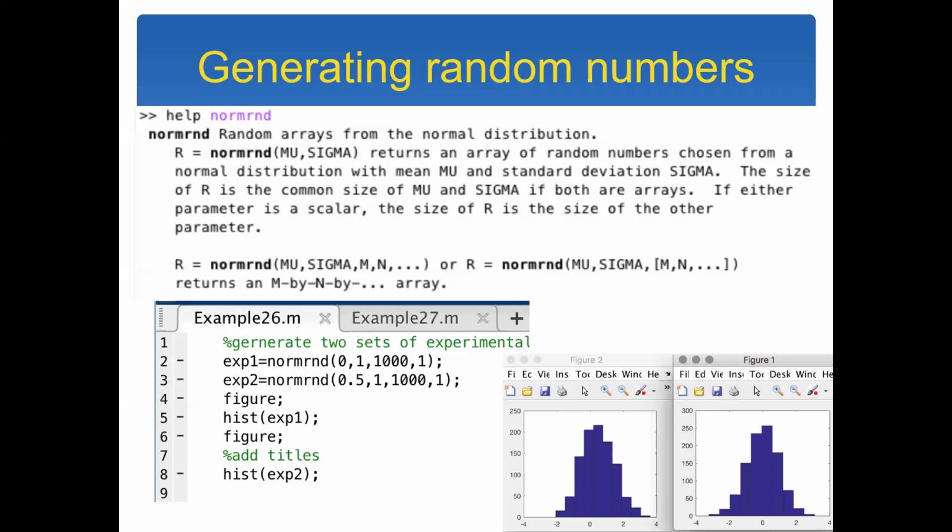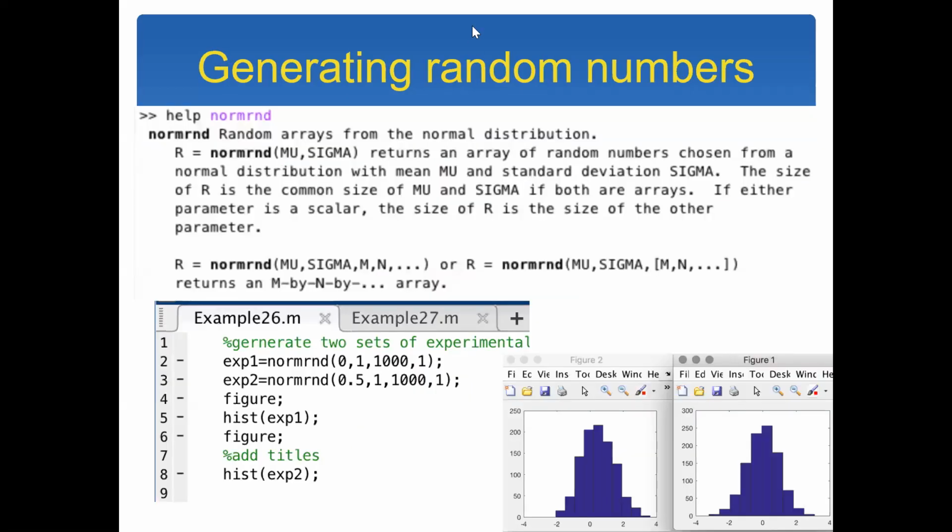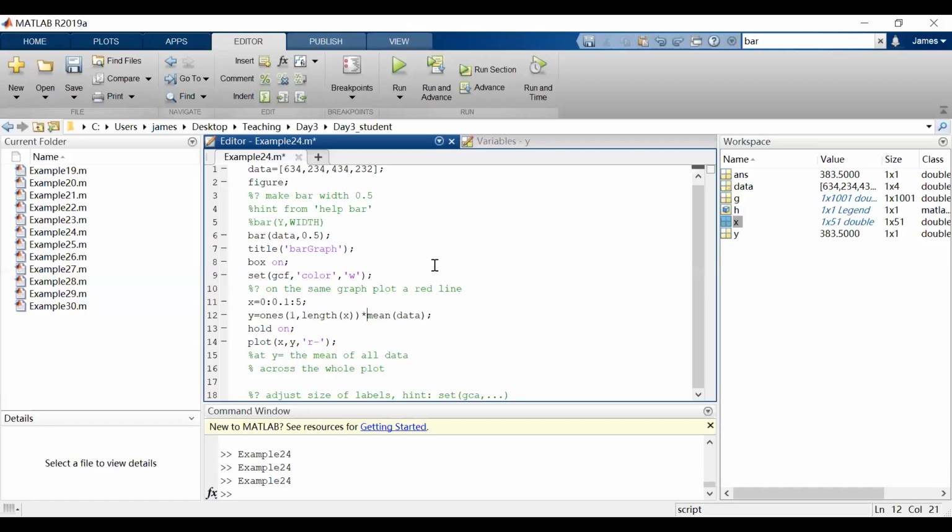Okay, let's get to the next example. Could you open the example 26? So this is also a histogram plot, but we generate the data and then plot it. I guess this one is simple, but just take a look first.